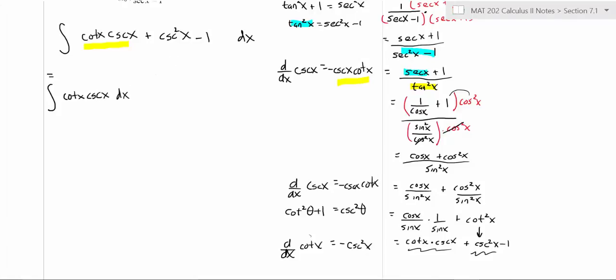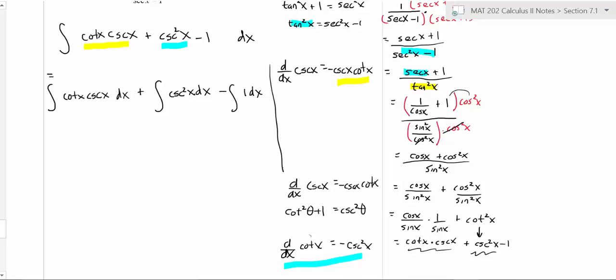The reason I'm doing that is because we have this rule: the derivative of cotangent is negative cosecant squared x. So I'm going to write this as the integral of cosecant squared x dx. Then I'm going to do the integral of 1 dx, which of course is a breeze.